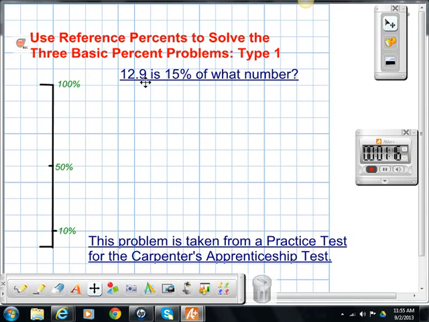12.9, or should I say 12 and 9/10, is 15% of what number?